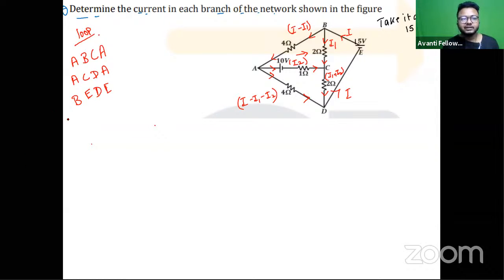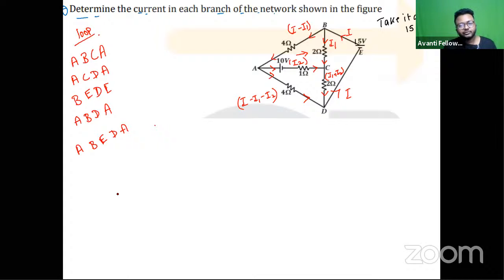The fourth loop will be what? A, B, D, A. Right? Fifth loop will be what? A, B, E, D, A. Right? Could you guys able to see it or not?